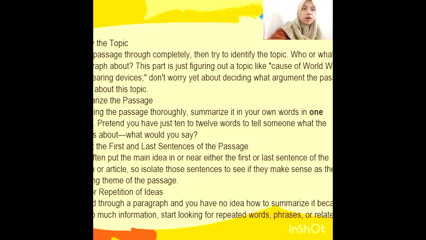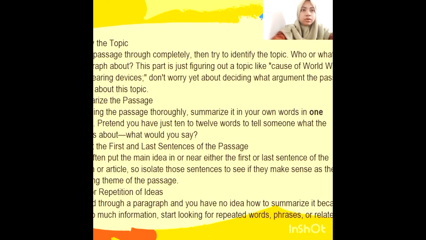Authors often put the main idea in or near either the first or last sentence of the paragraph or article. So, isolate those sentences to see if they make sense as the overarching theme of the passage.